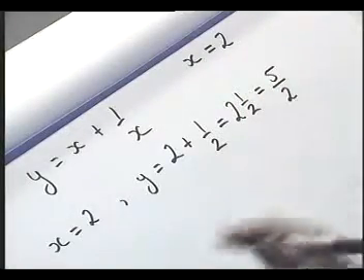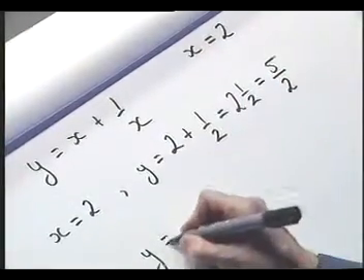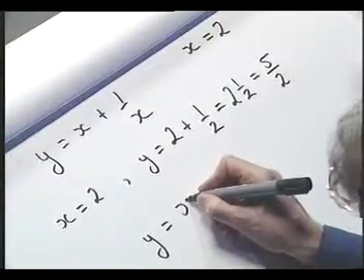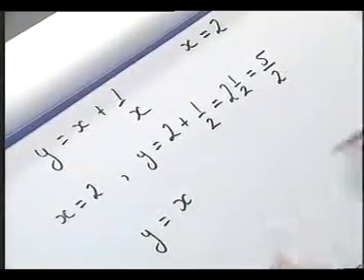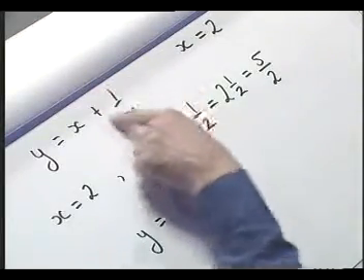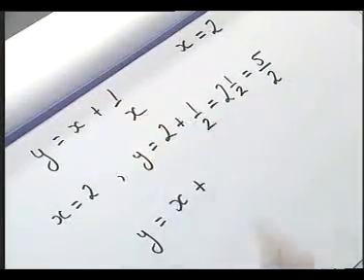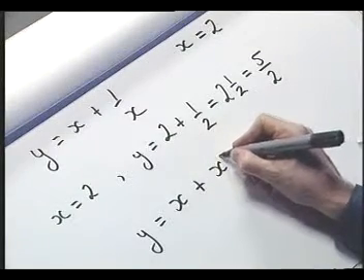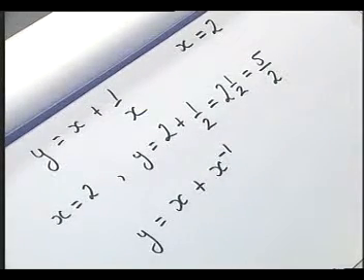OK, next, we want the gradient at this point x equals 2. So let me just write down the equation of the curve, y equals x plus, and in order to differentiate, be ready to differentiate the 1 over x, I'm going to write it as x to the power -1.